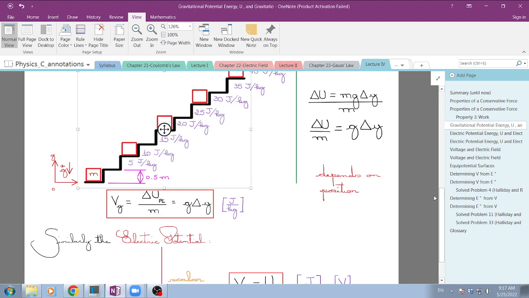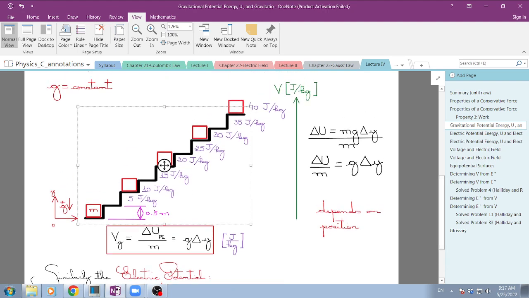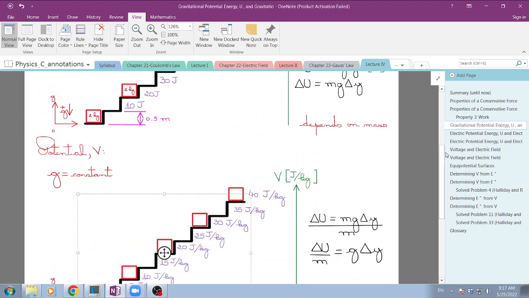So if you have a mass of 2 kilograms, you just have to multiply this potential by the mass. This is going to be 10, then 20, 30, 40, and so on, like we found here.